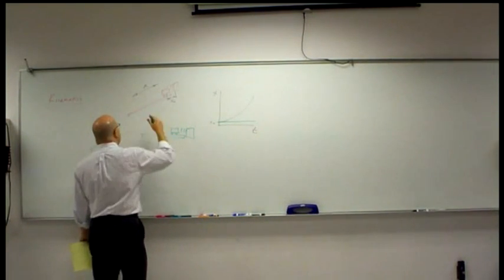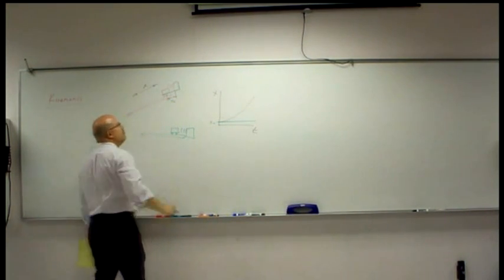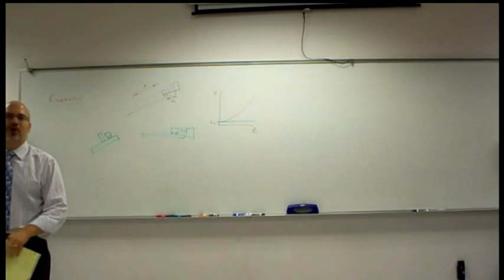Could you do this? Could you just attach the motion detector to the cart and let it go? Would that make the green line? It depends. They don't move. Yeah, relative to the motion detector, does the cart move? No. That's the whole thing about relativity. The whole thing that Einstein realized is that motion is relative.